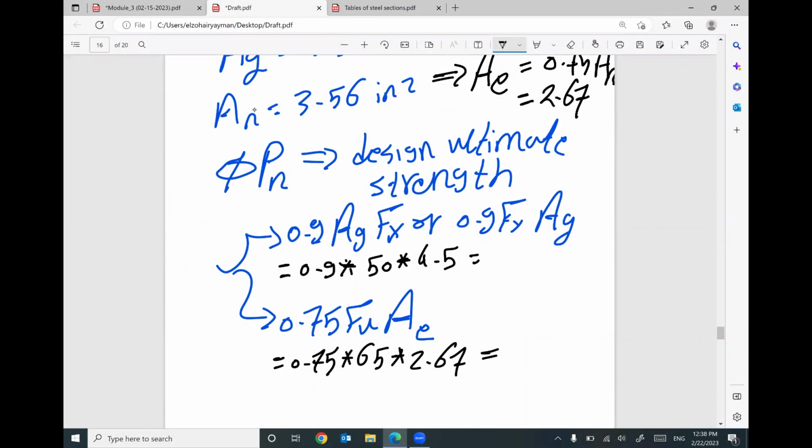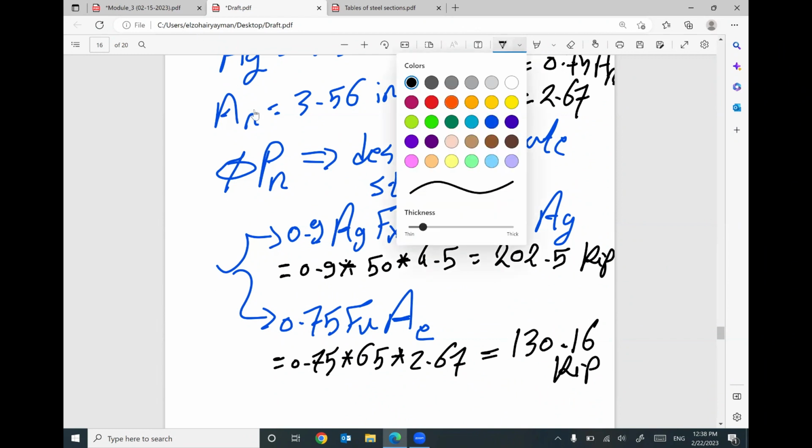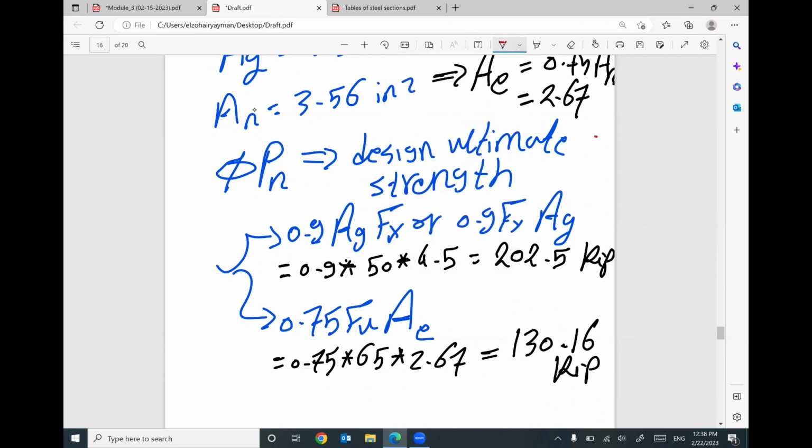I got 202.5 kips. In the second case, 0.75 times 65 times 2.67, I got here 130.16 kips. Looks like your member can support this force to satisfy yielding.